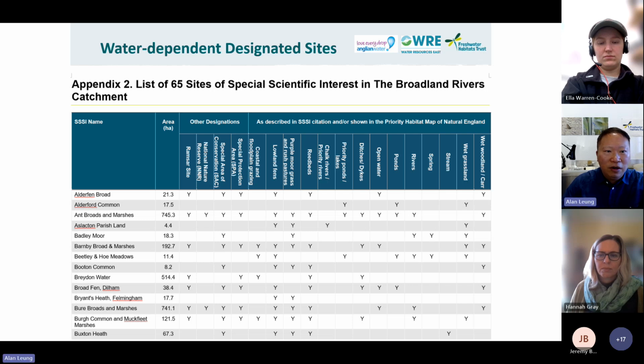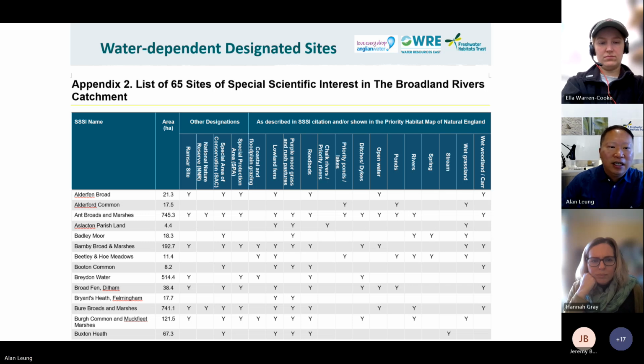You may recall that one of the very important criteria for determining the location of IFAs is where the nationally designated sites are. Here we mainly refer to the SSSI and also the Ramsar site, which is a wetland of international importance, also the National Nature Reserves, the SAC and SPA.